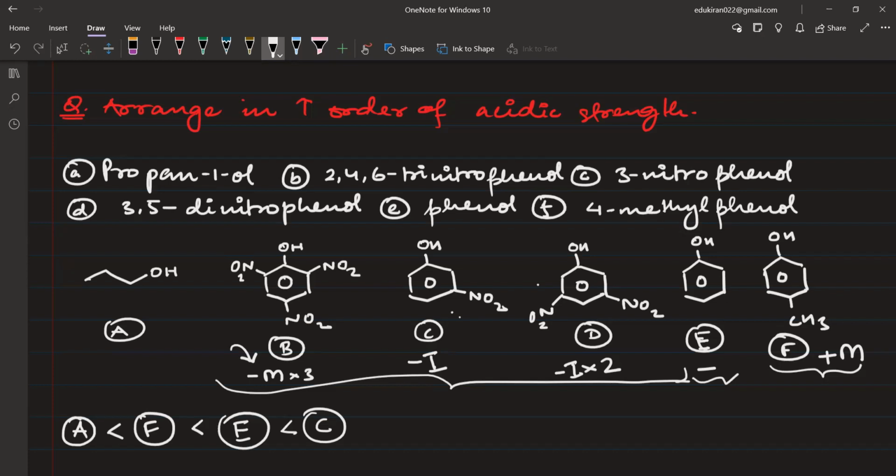After C, obviously it will be D. है ना? देखिए माइनस M से पहले माइनस I को देखते हैं, because M is always more influential than I, except in halogen. ठीक है, D के बाद आपके पास बस एक ही बचा है, that is your B. बस। ठीक है, so this is the order.